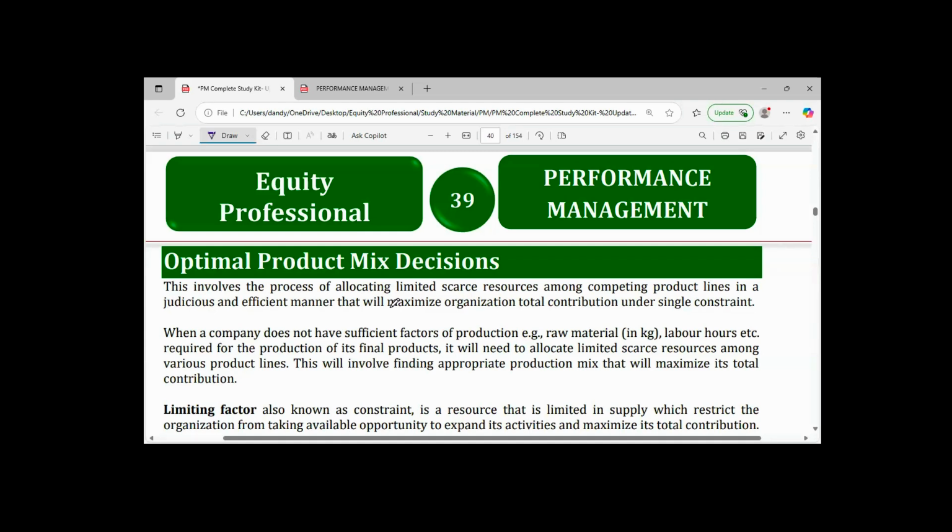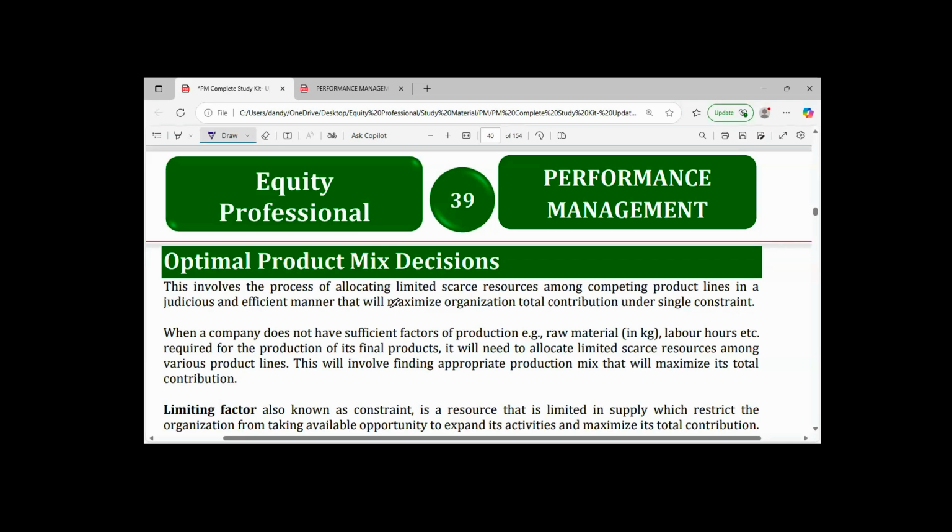As far as performance management is concerned, factors of production are those resources required to produce, like material kilogram, labor hours, or machine hours. So when these resources are not sufficiently available, how the company will allocate them among competing product lines, to take advantage of market condition or to maximize contribution, is what we are talking about.